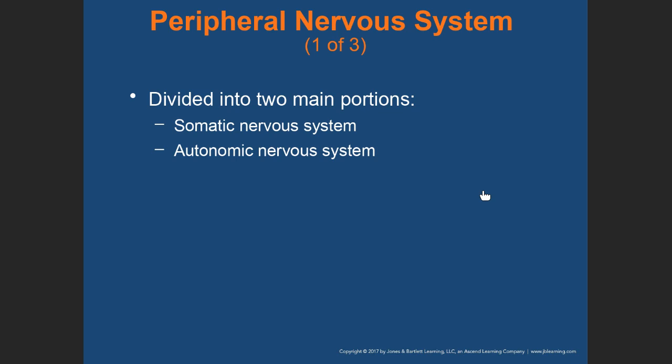The autonomic nervous system will eventually break down into the sympathetic and the parasympathetic nervous system, which we discussed previously.